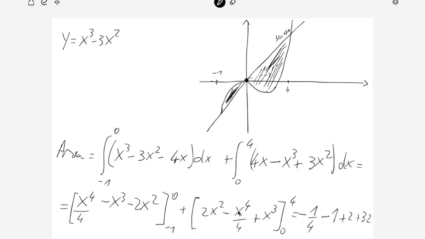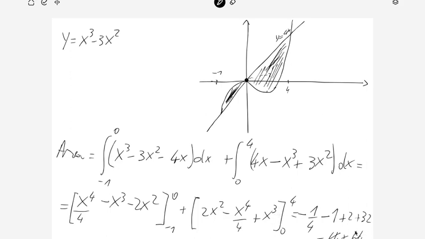4 to the 4 over 4 is 4 to the 3, so 64. Plus x cubed, it is once again 64.